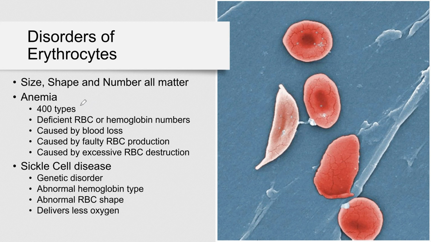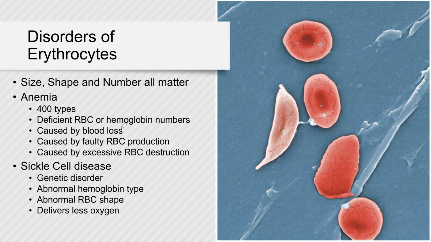So it can be because of a deficiency of red blood cells or of hemoglobin, or, because we have 400 different types, the problem can even be with your respiratory system, but it will cause anemia, because anemia is reduced ability to deliver oxygen to your tissues.